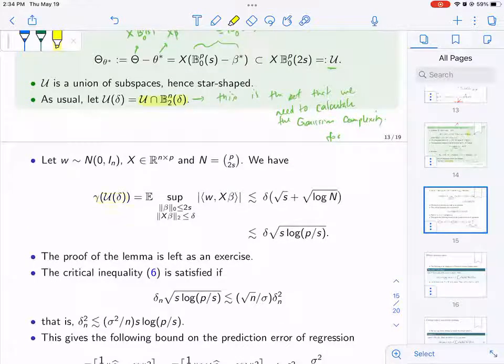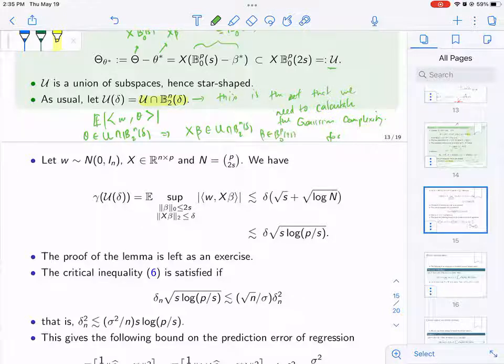So that's the set. If I want to compute the Gaussian complexity, I have to basically compute the expectation of sup of W theta, theta belongs to this U intersect B2 delta. If you unpack this, this is basically X beta in U intersect B2, where beta belongs to B0 2s, right? Because U is like that.